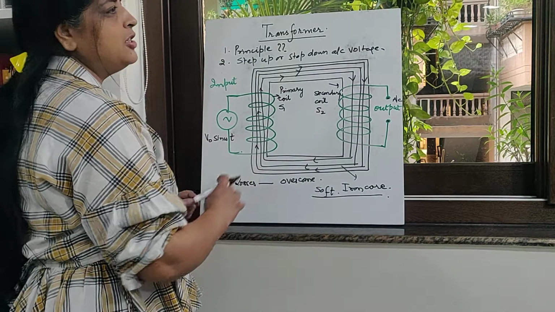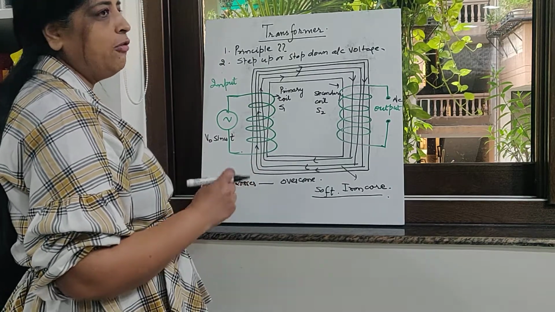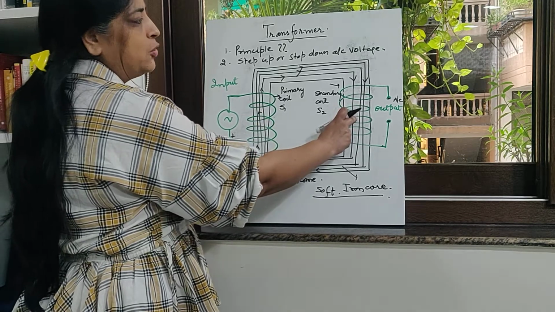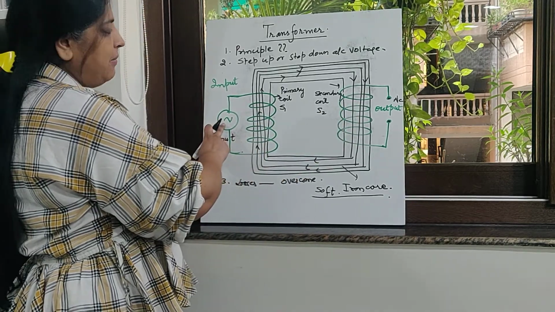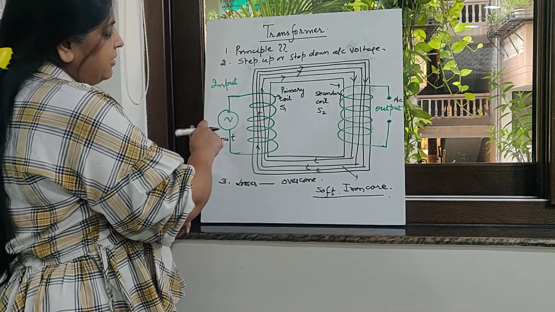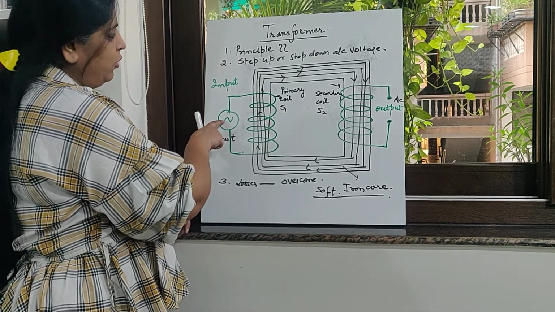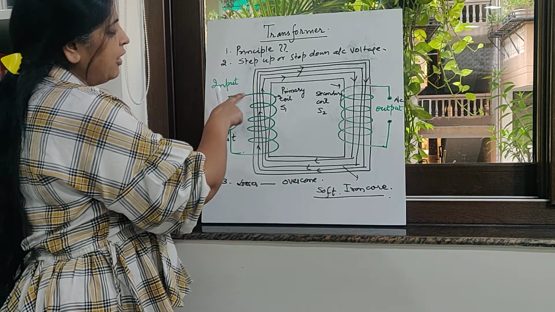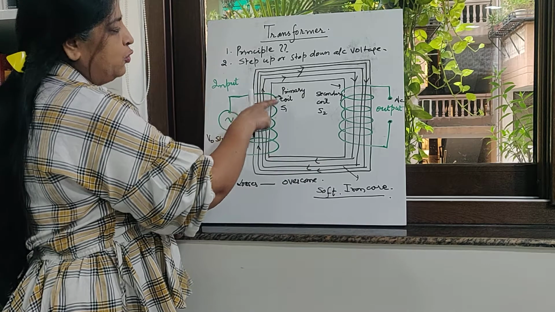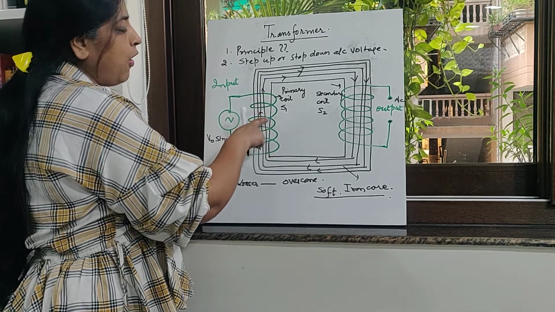We have already learned about mutual induction when we started off with the 6th chapter. Here, there are two coils and one of them is linked with an AC source. When the voltage increases across the two ends, it will try to send more current through the coil.